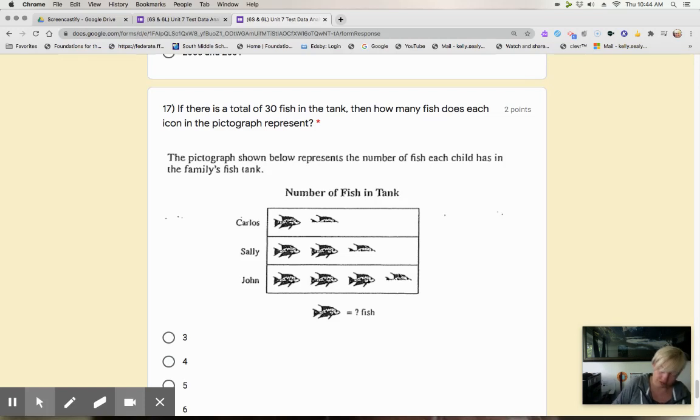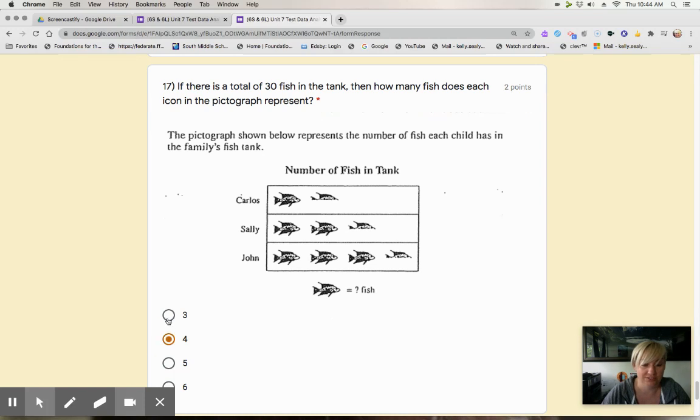I'm just going to double check. Times it by 4. 7.5 times 4 is 30 exactly. So that means each fish icon represents 4 fish. And a half fish icon would only be 2 fish.